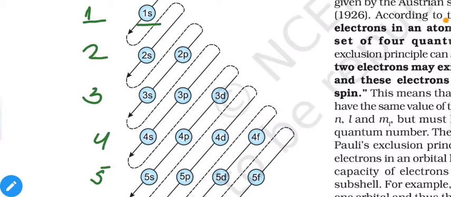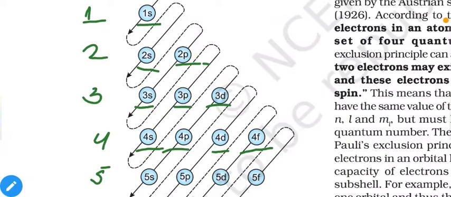In principal quantum number 2 we have 2s and 2p, that means l is equal to 0 and 1. In principal quantum number 3 we have 3s, 3p, 3d. In 4 we have 4s, 4p, 4d and 4f. Similarly, in fifth you may get g as well, but no need to represent it because it remains empty. We do not have elements which use g orbitals. So right now we will use maximum up to f orbitals.